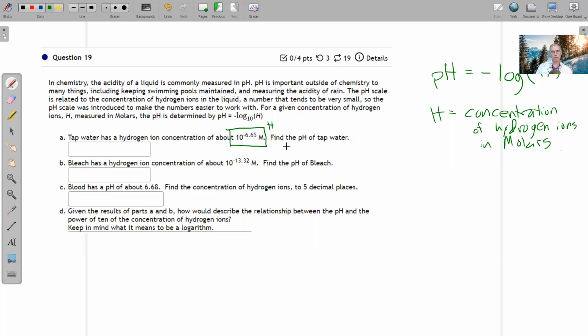So the answer for this one here is going to be whatever the opposite of the log of 10 to the negative 6.65 equals. And if you plug that in your calculator, you should find that the answer is 6.65. And I'll explain why I knew that without a calculator in just a sec.